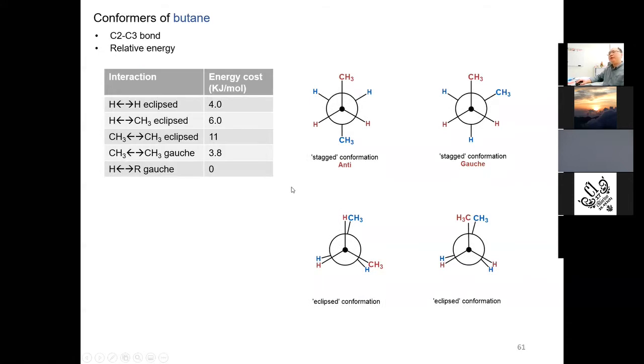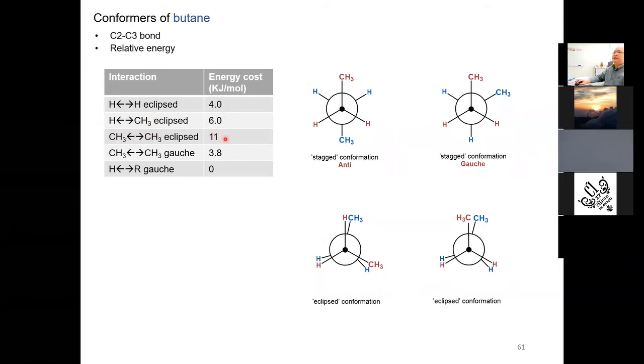Again, this kind of rotation has consequences in energy. So we have some data listed here. This one we already learned. Hydrogen-hydrogen eclipsing has 4.0 kilojoules per mole energy cost, and hydrogen-methyl is higher because methyl is bigger. It has 6.0.